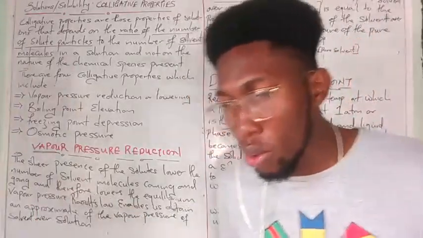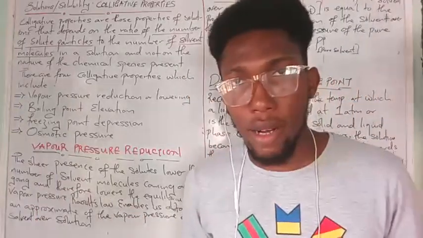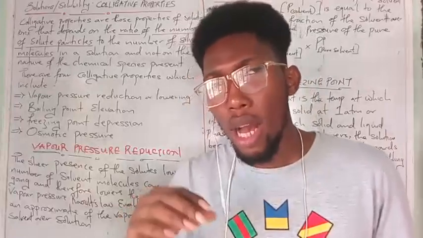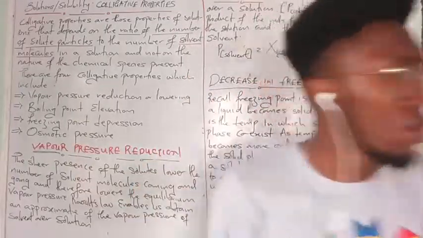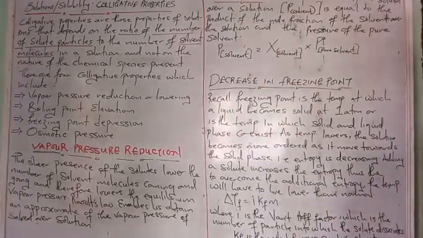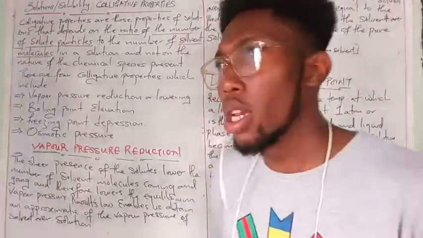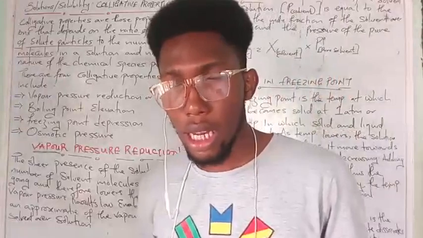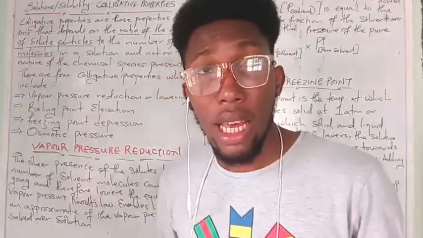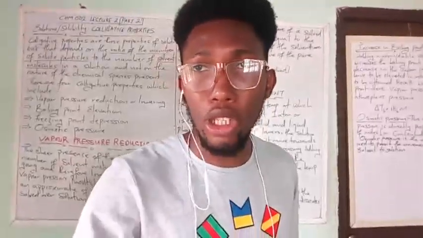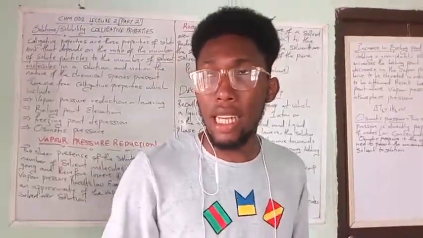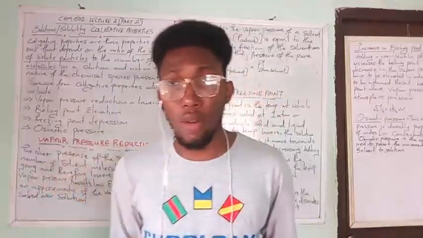Now, one thing you must know, basically and generally, is that when you have a solvent and you heat it up, there will tend to be vaporization or evaporation, and it occurs from the molecules at the surface.